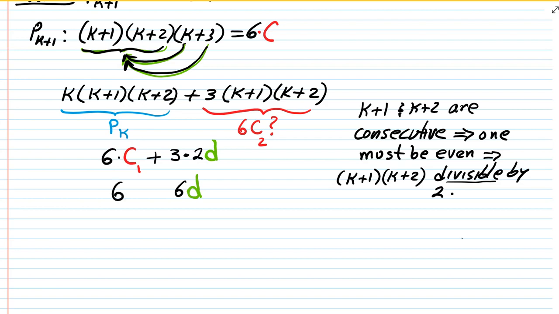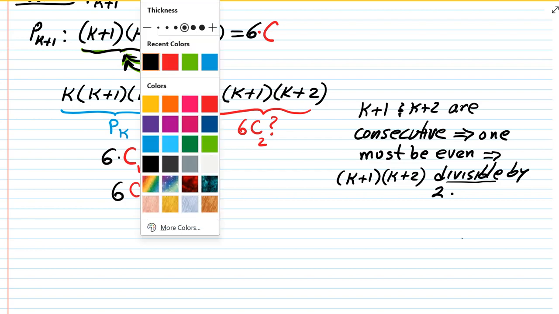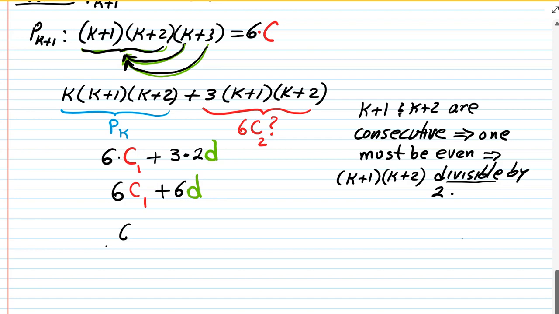So I have 6 times c1 plus 6d. And I can factor a 6. I get 6 times c1 plus d, don't I? And there you go. This is just a natural number, right?